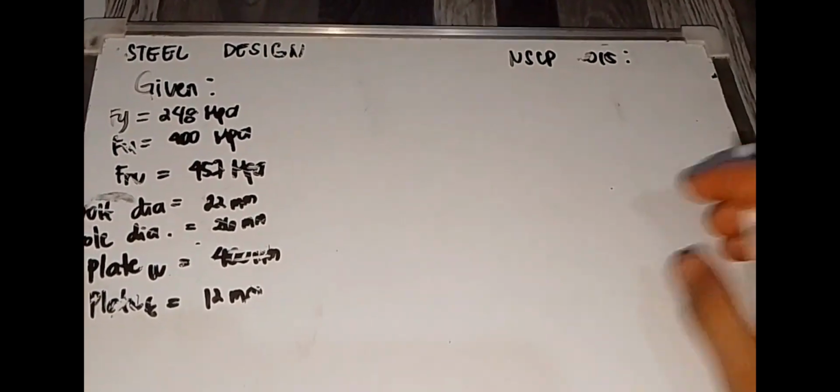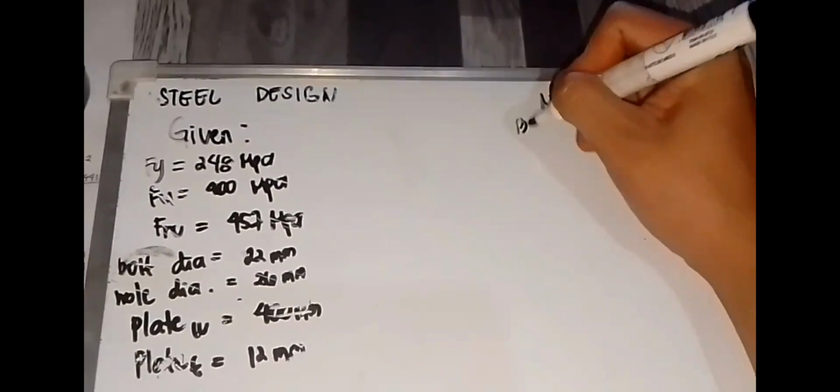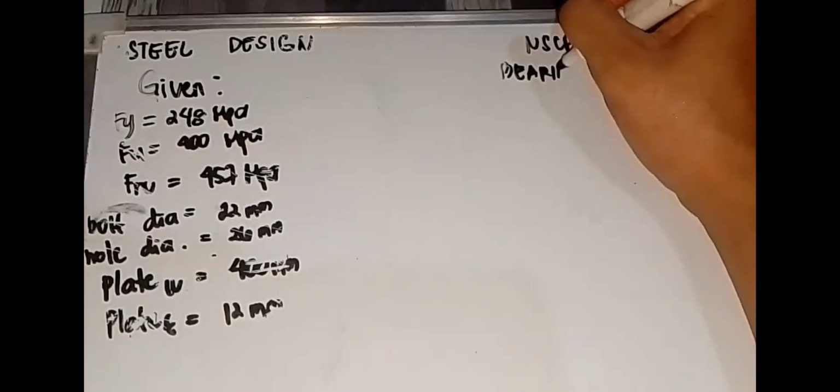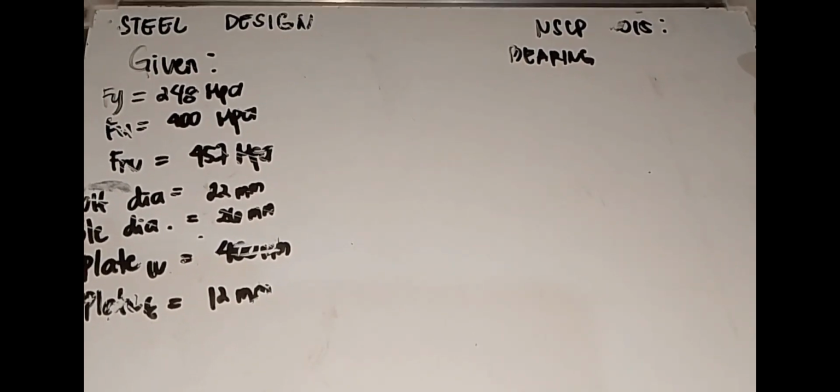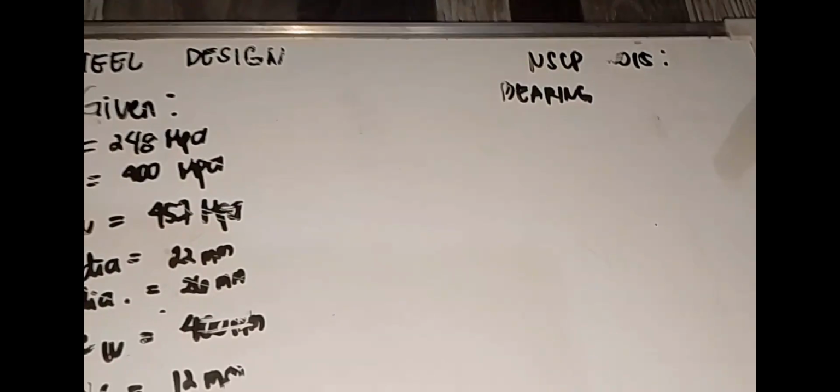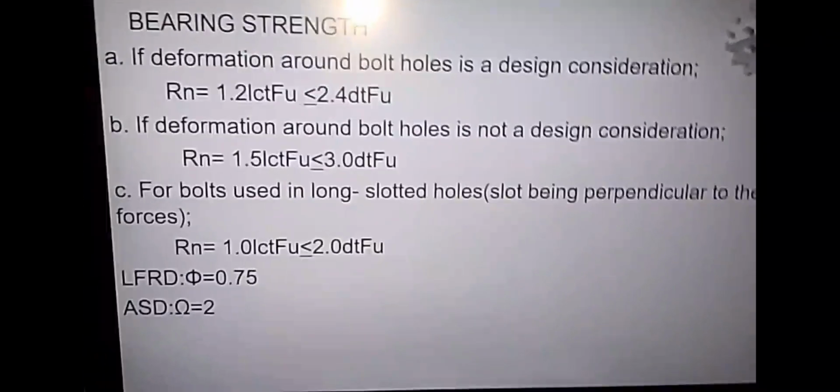So next is bearing. From the problem, it says that the deformation around bolt holes is a design consideration. From our discussion, there are three cases.